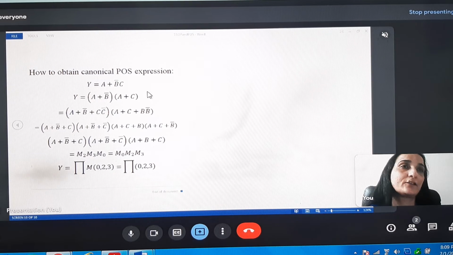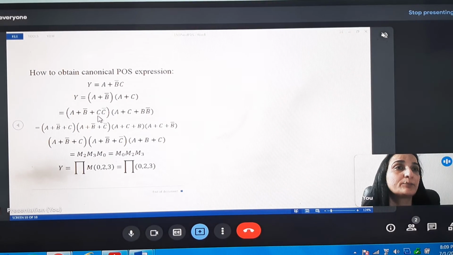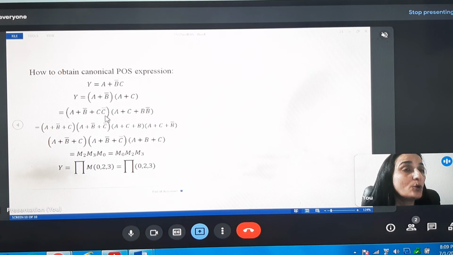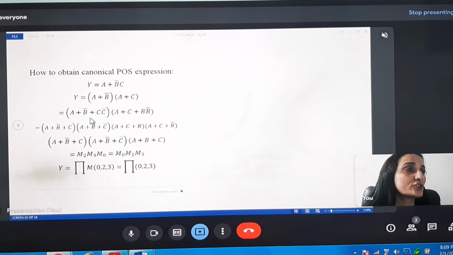So what I have done here, in A plus B bar, I have added the product of the missing variable and its complement. We know that C dot C bar is 0, and when 0 is added to any variable, the result will be the original variable.